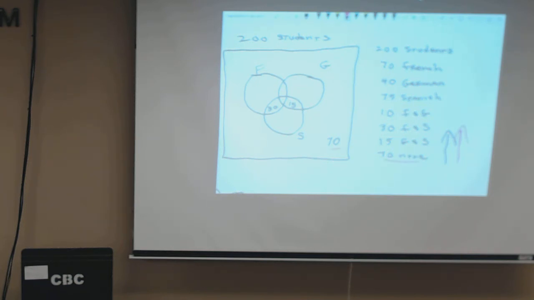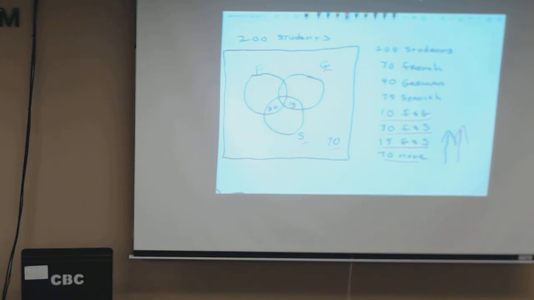So 70 are out here taking nothing. 15 have both G and S. 30 have both F and S. 10 have F and G. Why didn't I put that in there?